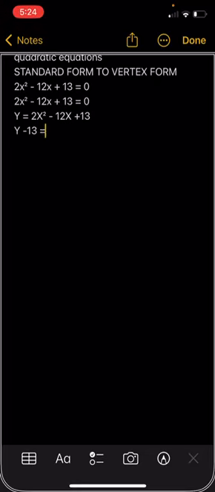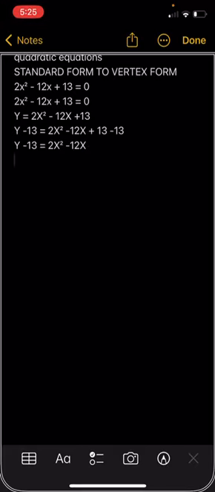And that is equal to 2x squared minus 12x plus 13 here, and we subtract 13 from the other side as well. Now on the right side, the 13s are going to cancel each other out, leaving us with y minus 13 equals 2x squared minus 12x.